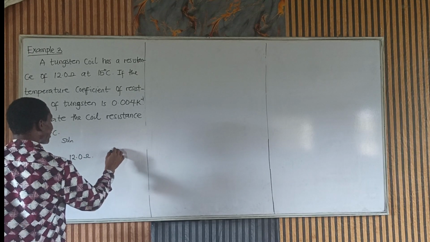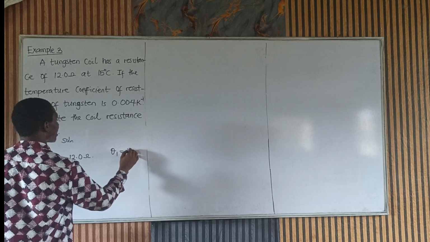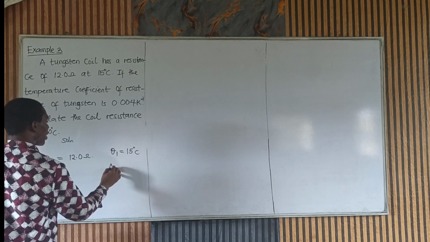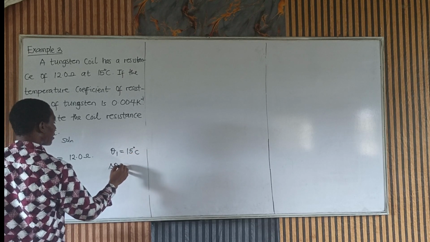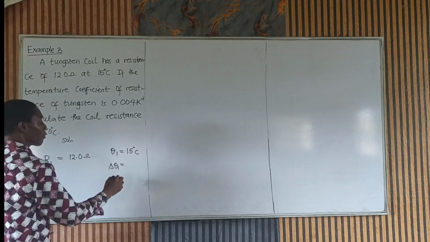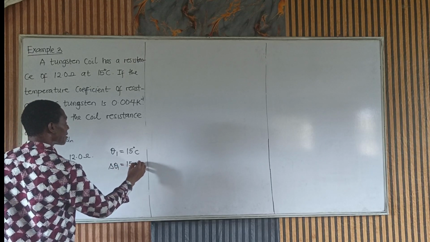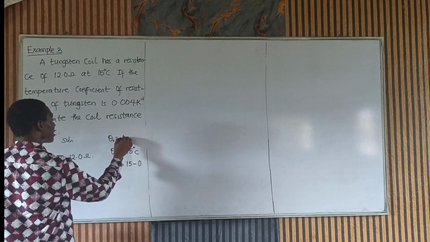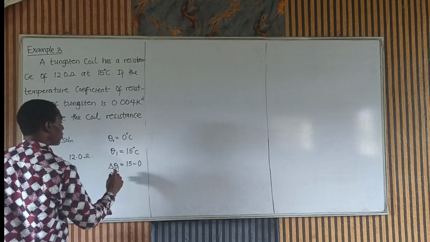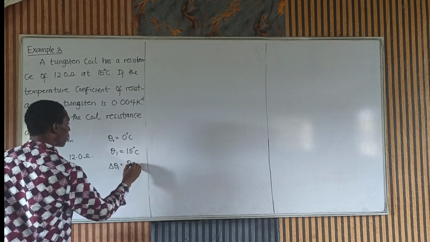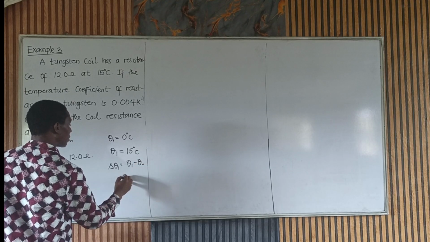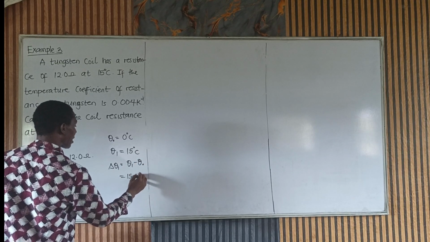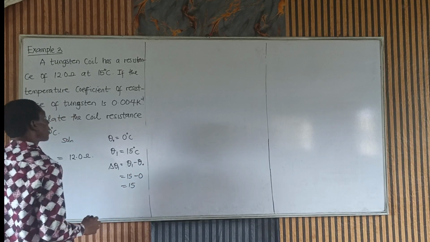And now our theta 1 is equal to 15 degrees C. Now our change in theta 1 here is equal to 15 minus 0, because I'm taking that we have a theta naught which is 0 degrees C. And so that will be theta 1 minus theta naught, which is 15 minus 0, and that's 15.